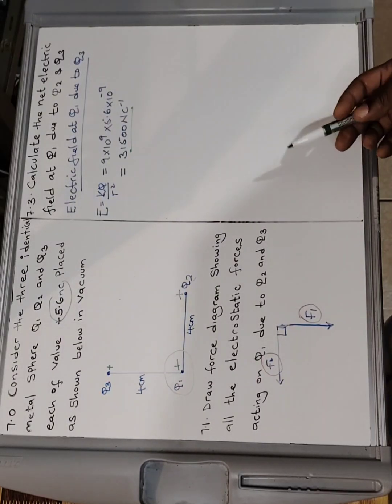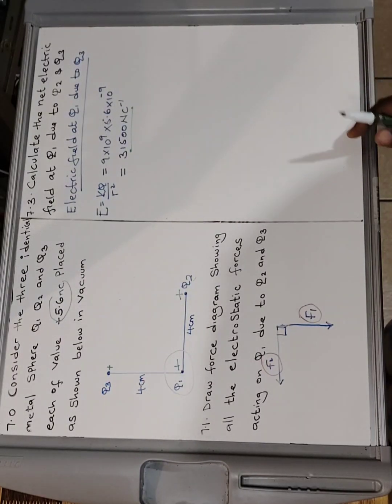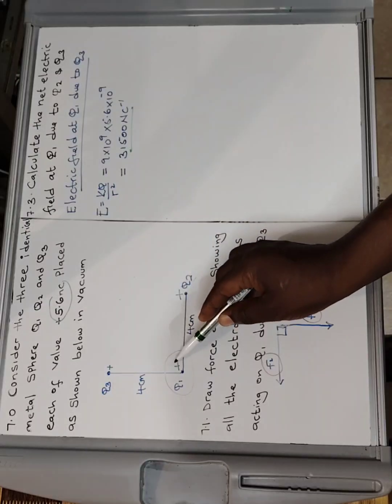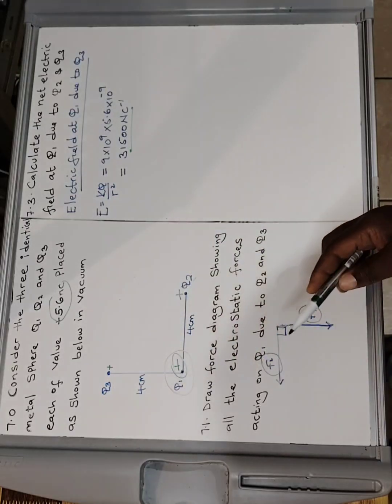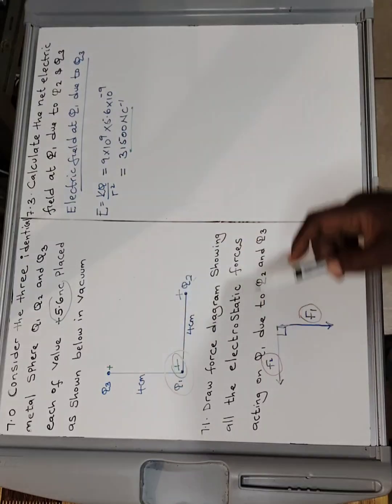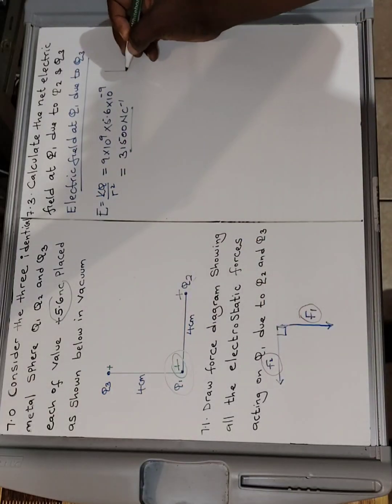What you have here is the electric field at Q1 due to Q3, and it is 31,500. Now what do you have to know? You have to know the direction. If you are determining electric field, this point is positive. Where does it go? It will go down. So we indicate it here.